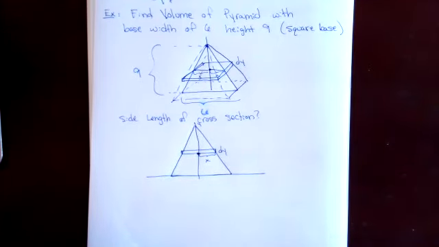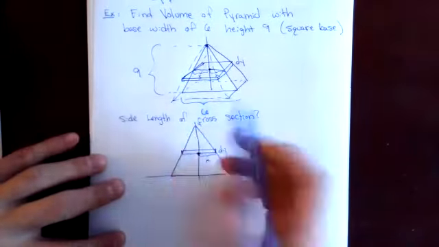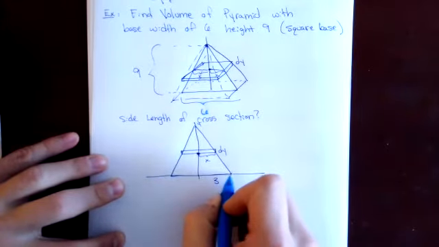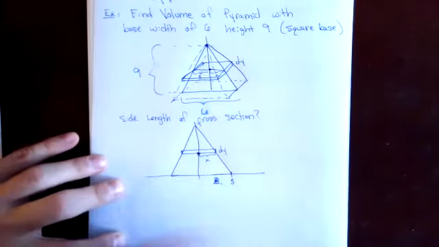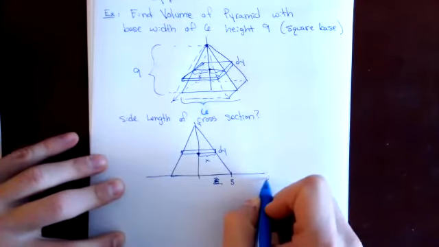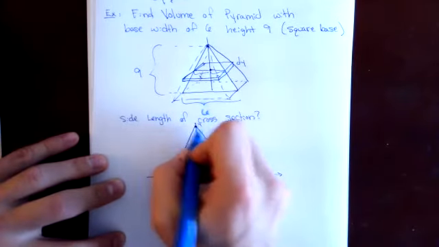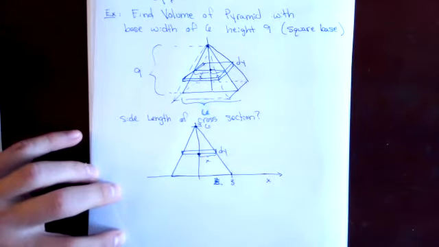Kind of a basic pre-calc exercise to just come up with equations of lines, right? So the entire width at the base was 6. So I know I'm going to have 3 on this side. In other words, let's actually give it coordinates. So it's going to be 3 on the x-axis. And of course, the height goes up to 6 on the y-axis.